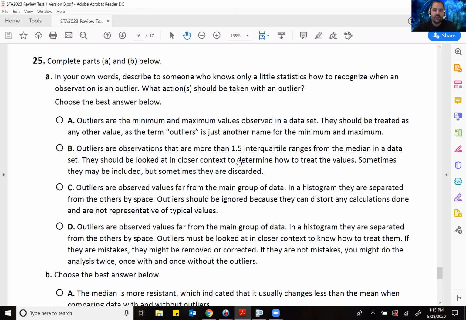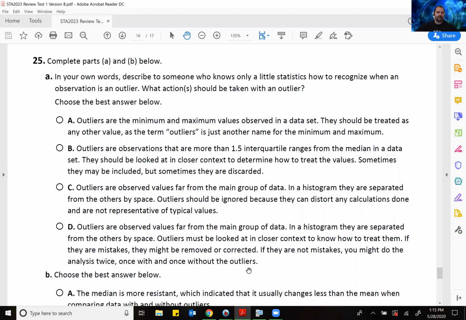The reason why B is not the answer is because you're talking to someone who knows little about statistics. That means this person doesn't know about interquartile ranges. They have no clue. They don't know what a median is. It's a little bit easier to explain a histogram, like a bar chart with spaces.